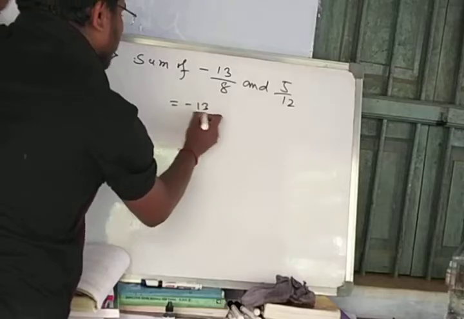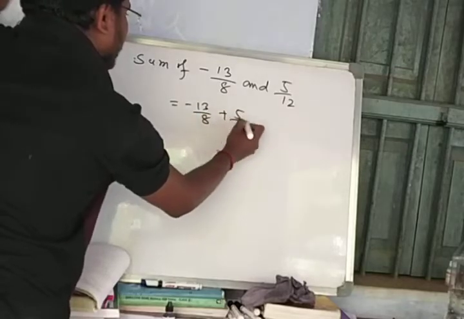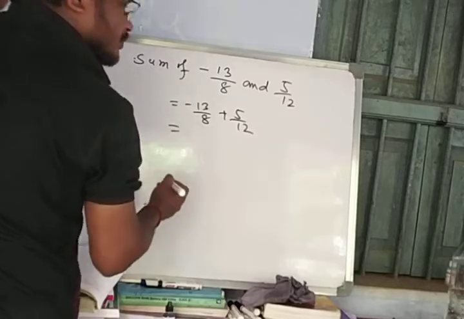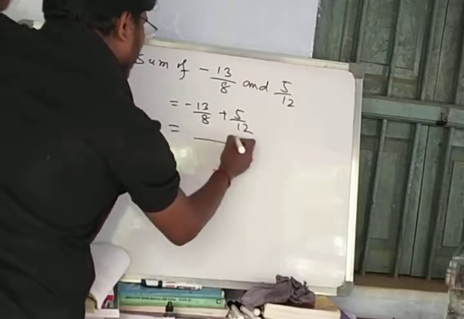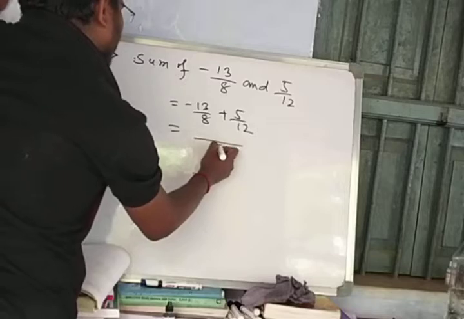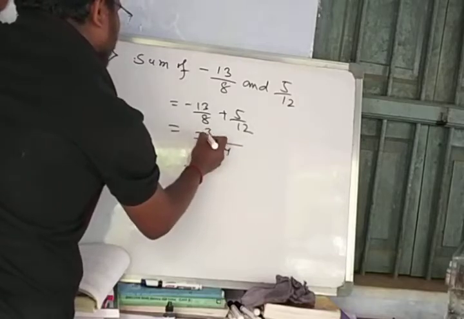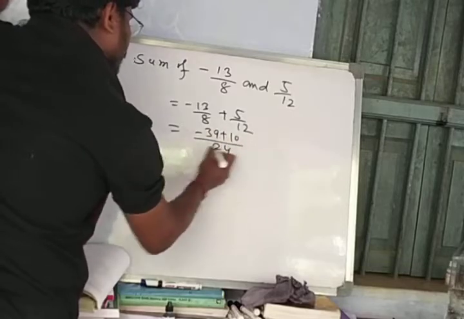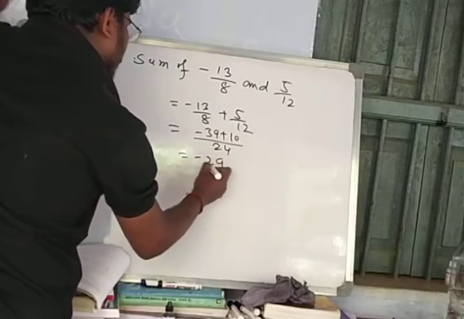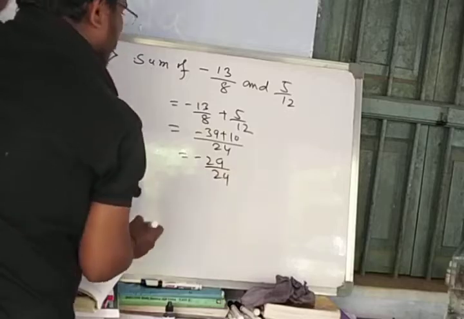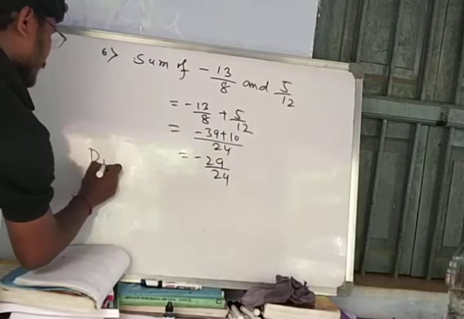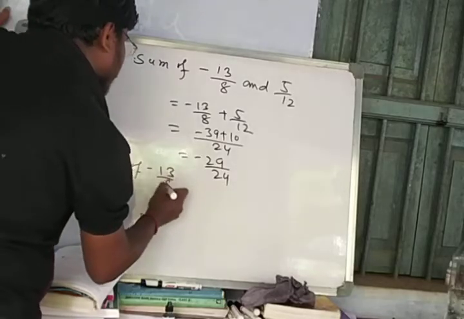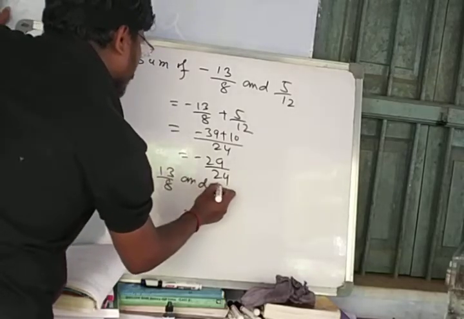Minus 13 by 8 plus 5 by 12. Then it is equal to, what is the LCM? 24. Minus 39 plus 10 equals minus 29 by 24. Now the difference of minus 13 by 8 and 5 by 12.